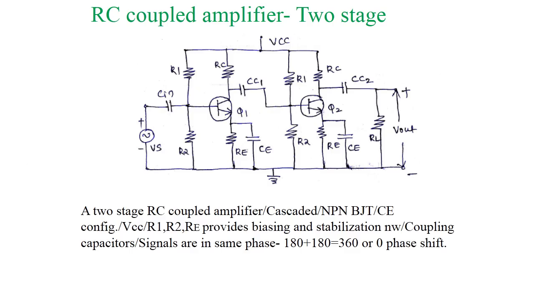In this diagram we can see a two-stage amplifier, or it is a cascaded amplifier. So the name cascaded means one more stage is attached to the single stage. In this diagram, CC1 is the output coupling capacitor which couples the output at the collector terminal of the first stage to the input of the second stage.